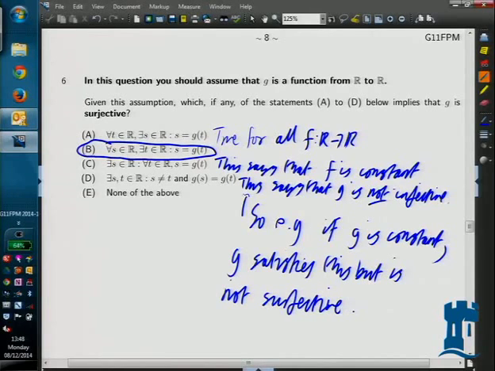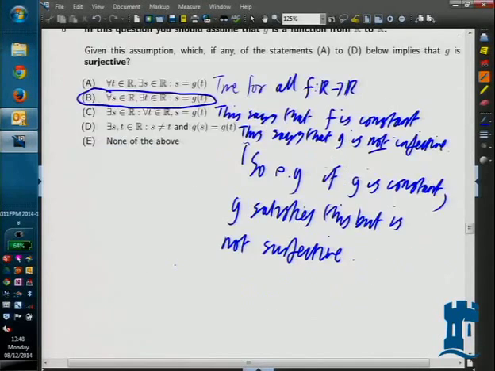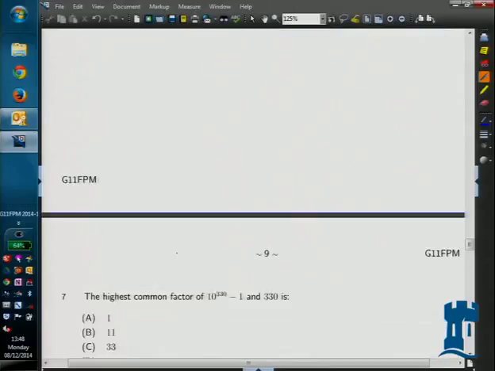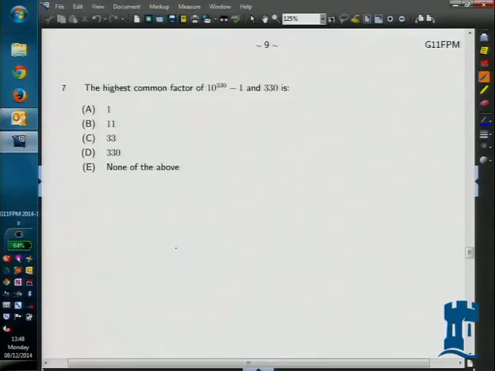Okay, let's have a look at the next one. Question 7, I thought might cause some trouble, but 82.5% of people got it right. So the correct answer is 33. Now, 10 to the 330 is a rather big number.